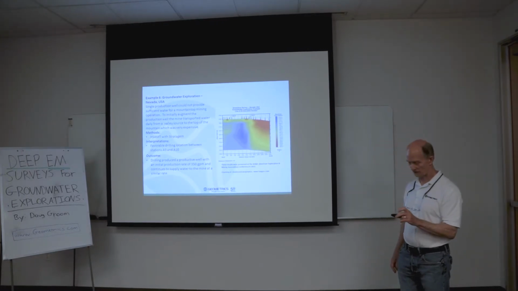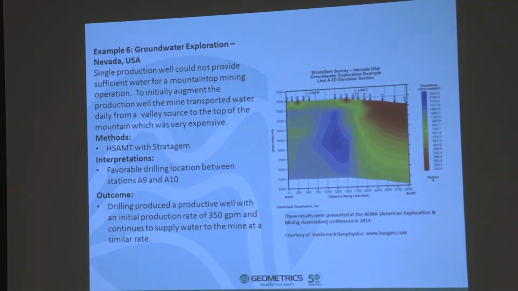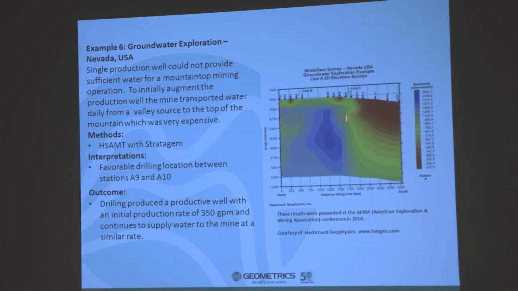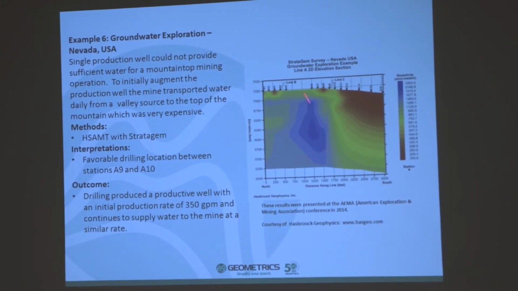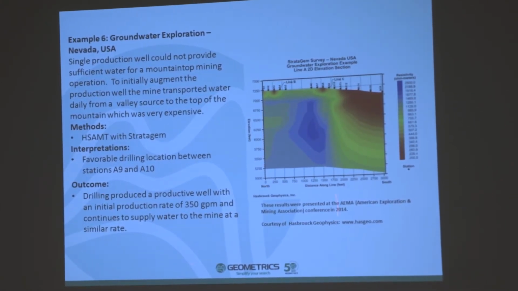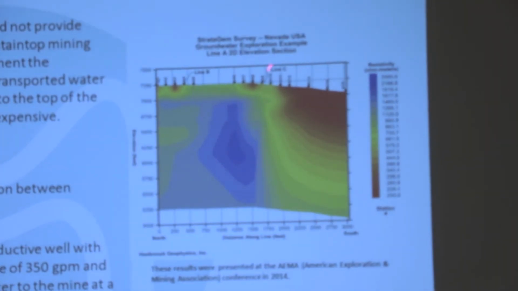This was another one done with the older version of the AMT instrument, the Stratagem. And again, we have a very marked interface here. And between stations 9 and 10, it's very difficult to read that, but this is 9 and 10 here.